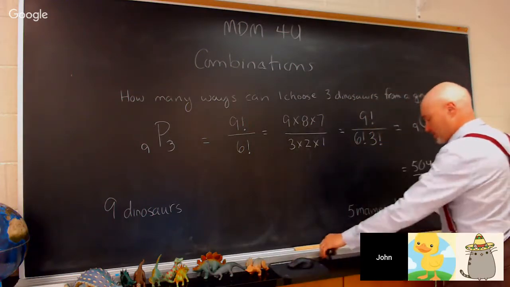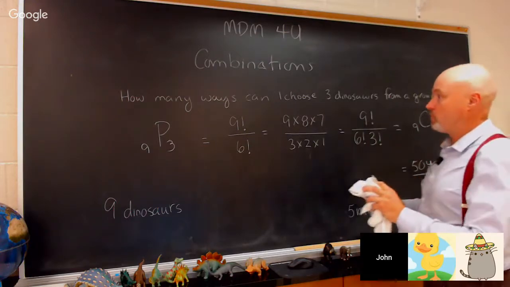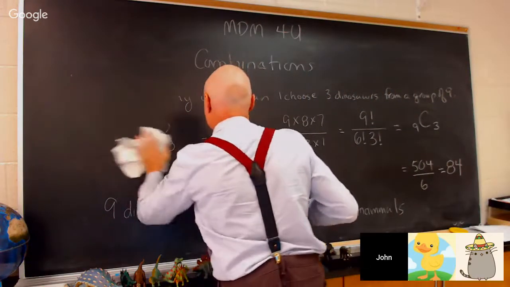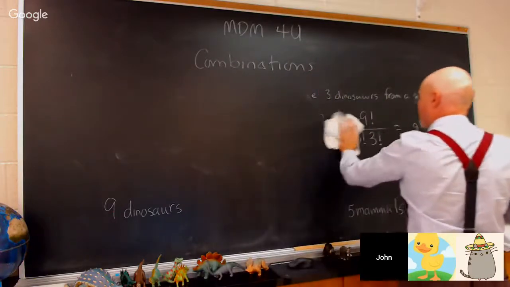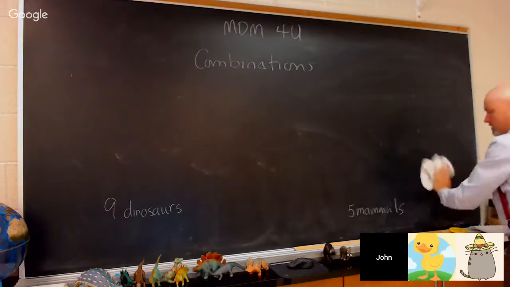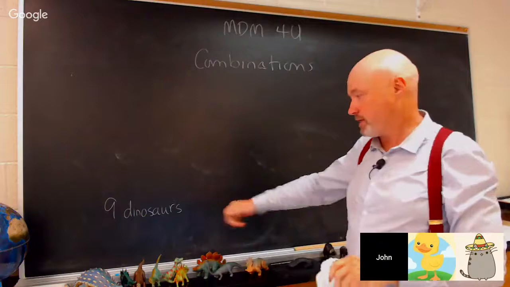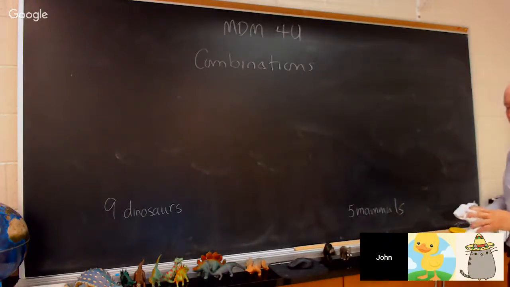Back in the days of the dinosaurs, before they were wiped out by smoking cigarettes, there were some mammals around, just little tiny mammals running around. And so we have a representative sample here. We have 9 dinosaurs and 5 mammals.